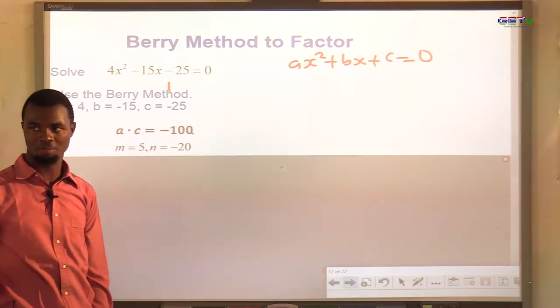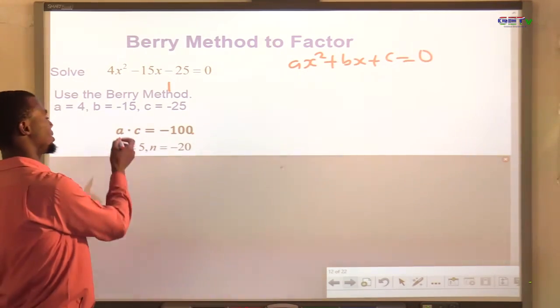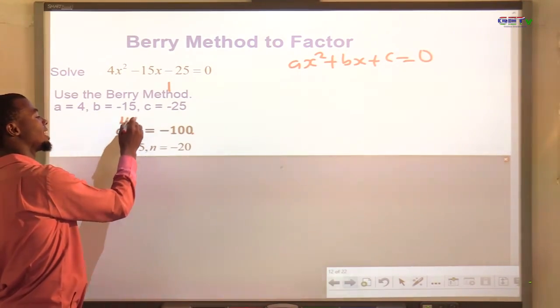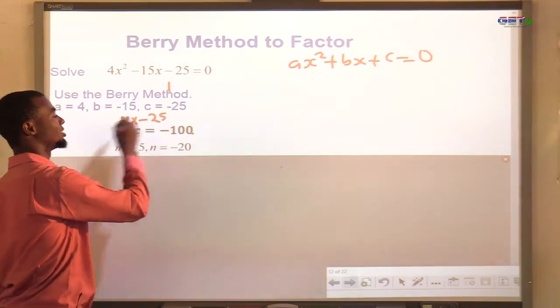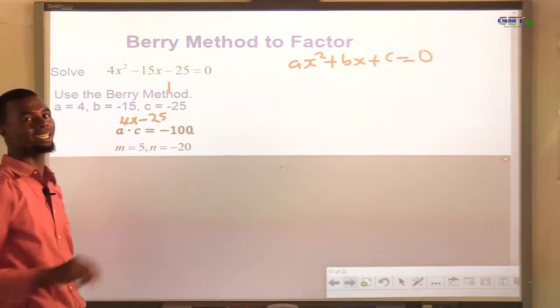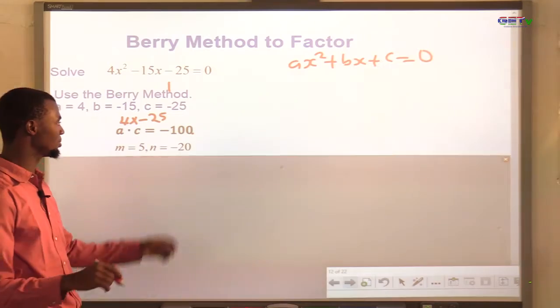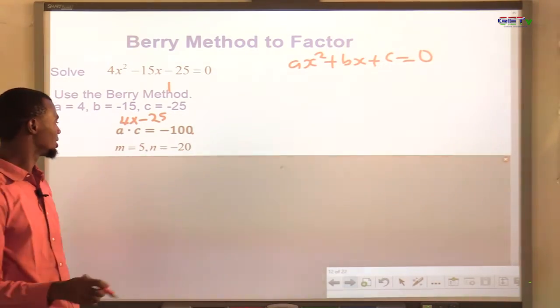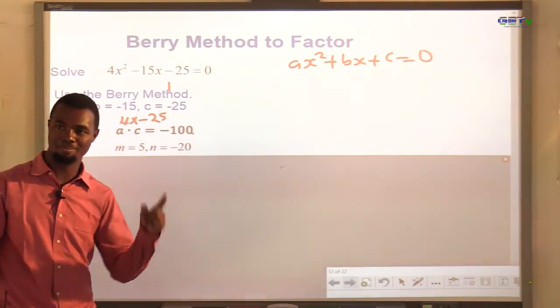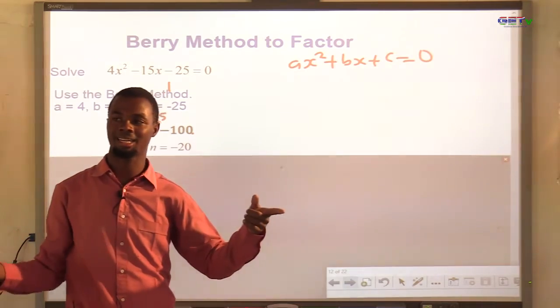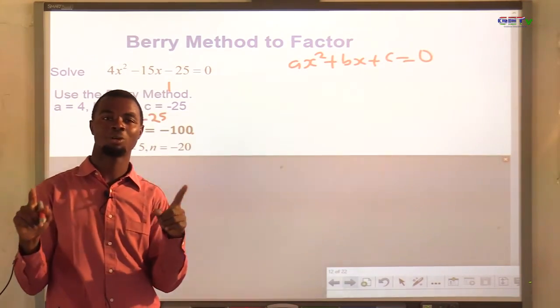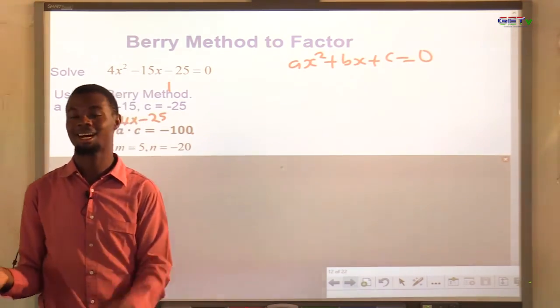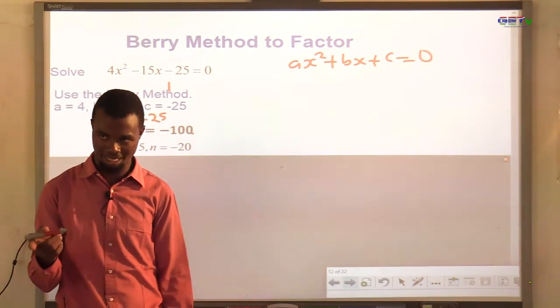AC is a times c. You will have your a as 4 times your c as negative 25. So 4 times negative 25 gives you negative 100. Next you find m and n. What are m and n? Two numbers whose product will be AC and whose sum will be b.